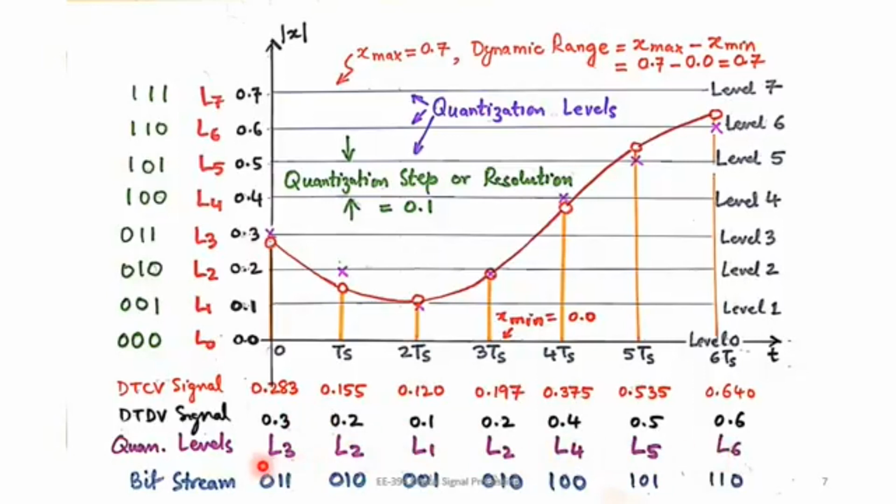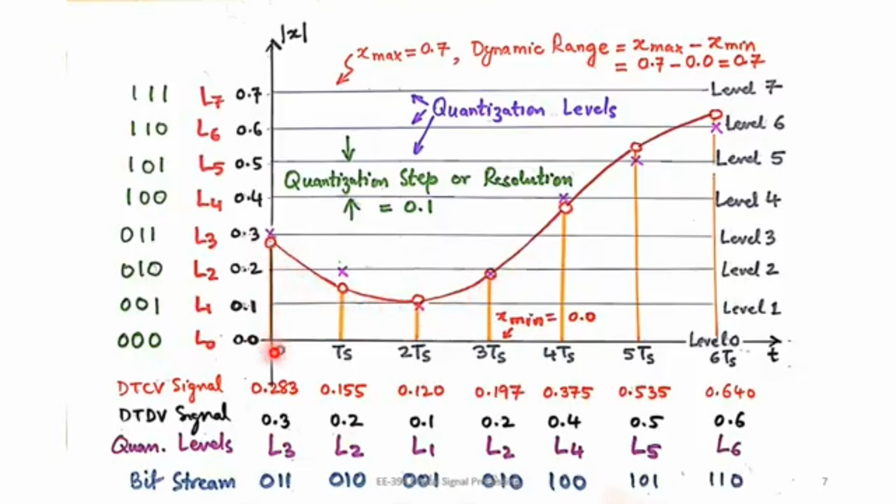So now we have the signal values coded as levels, and then we can assign the bits to these levels. L3 was 011, so instead of L3 now we have 011. L2 was 010, so we have assigned 010, and so on. So you can see that we started with an analog signal which is going like this.